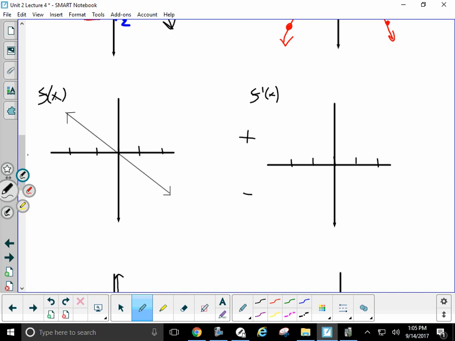Go ahead and sketch your tangent lines if it helps you. Negative, negative, negative, negative, negative. So I see that not only are they negative, but they're negative and consistent, giving me this.